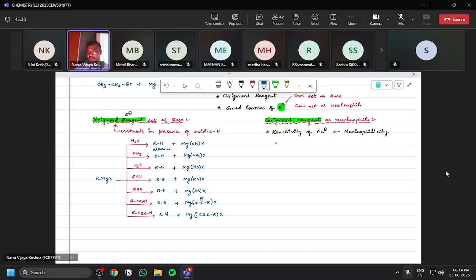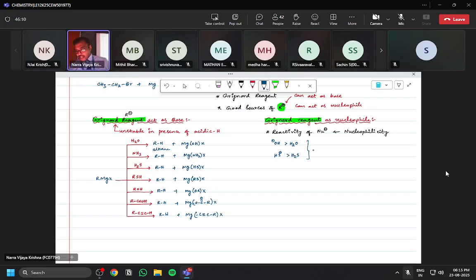OH minus is a better nucleophile than H2O. Similarly, HS minus is a better nucleophile than H2S. Can I call them conjugate bases? Conjugate bases are better nucleophiles than the species. The conjugate base of H2O is OH minus, correct?